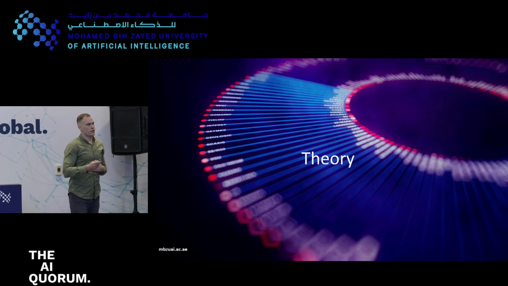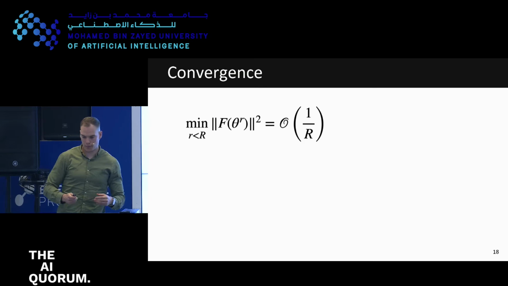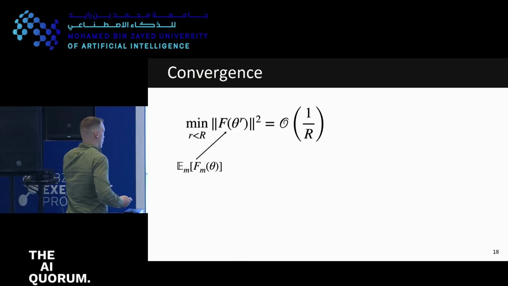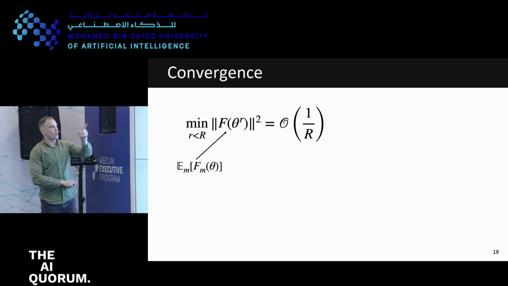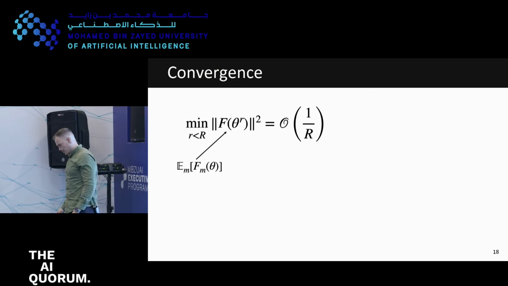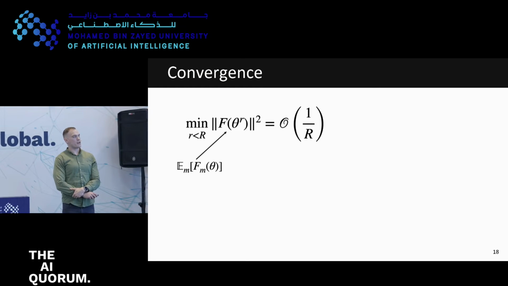When we look at the theory, this is what brings us to the benefits of over-personalization. If we look at the convergence of this operator, it goes to zero as in a deterministic algorithm, despite the fact that we sample the clients.